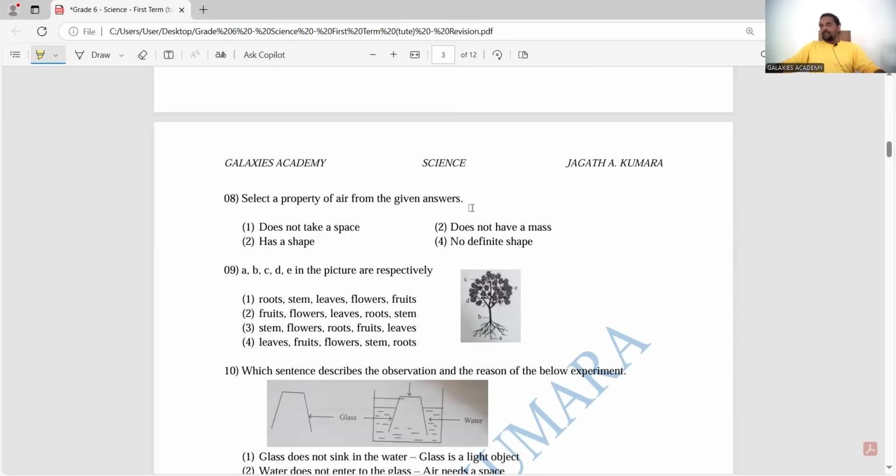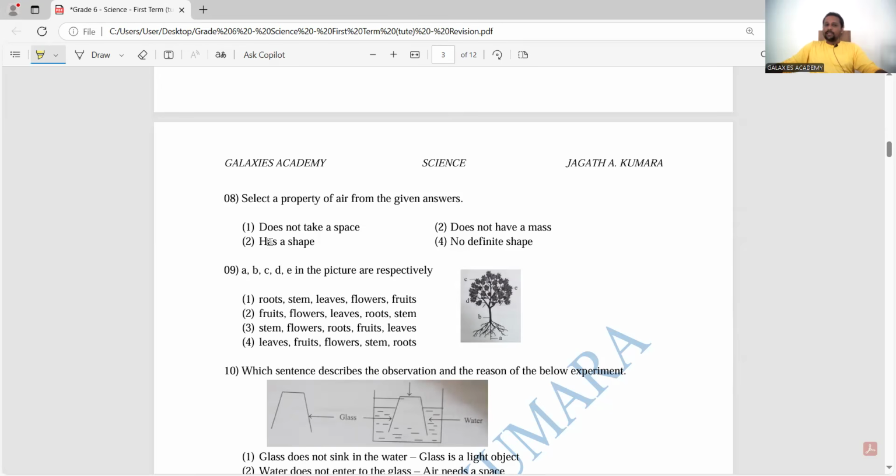Matter means the things that have a mass and occupy space. Also, we discussed some experiments to check these two points, no? So what is the correct answer for this question? Select the property of air from the given answers.